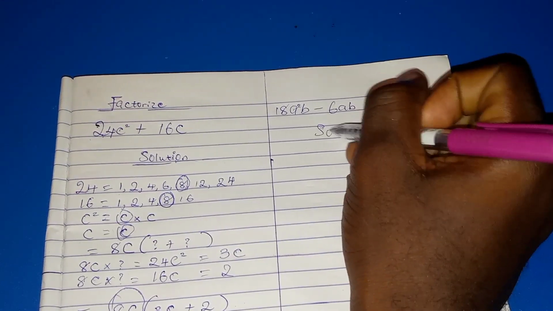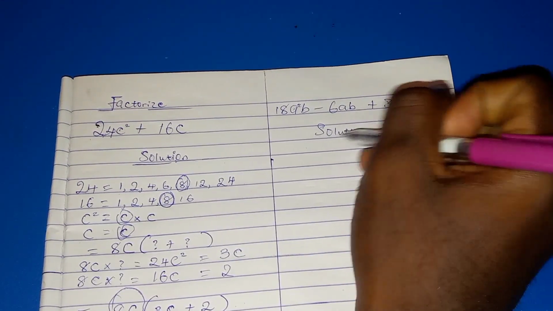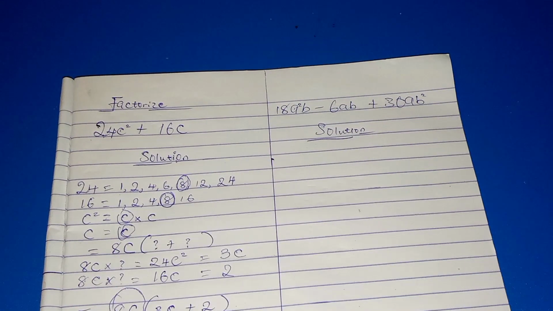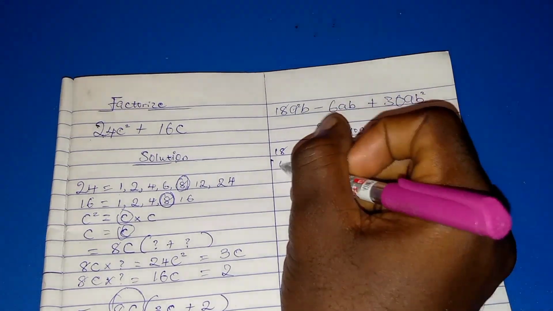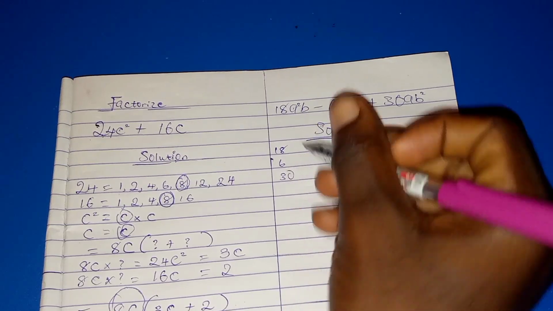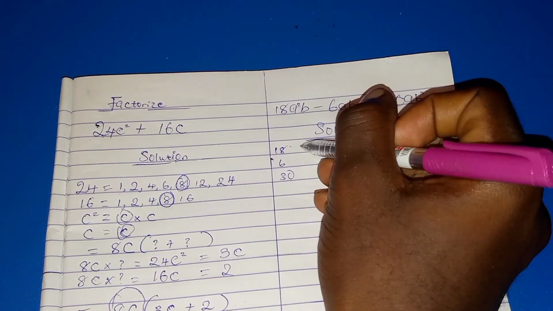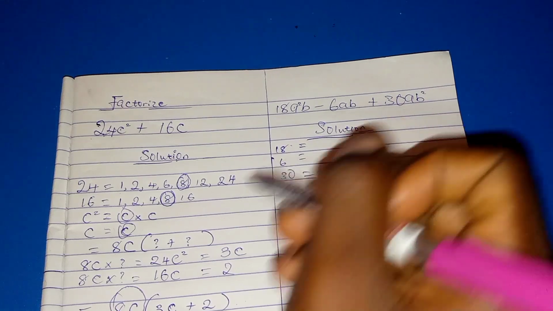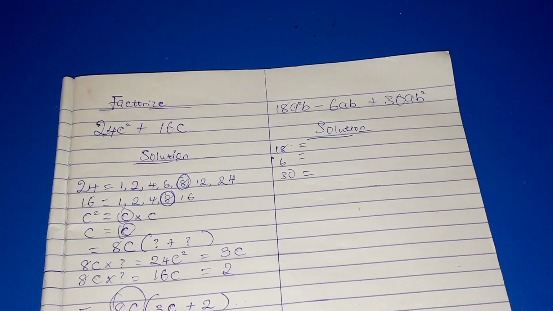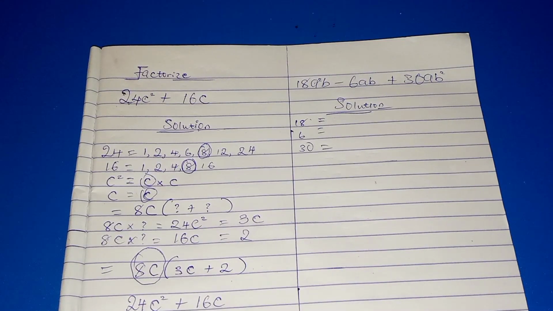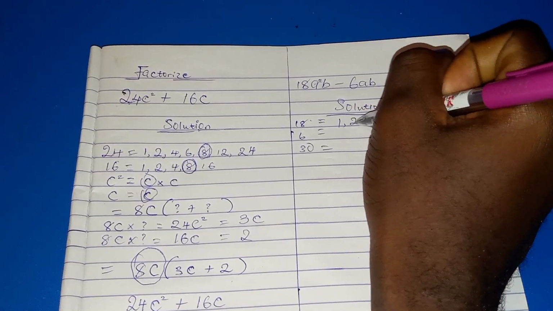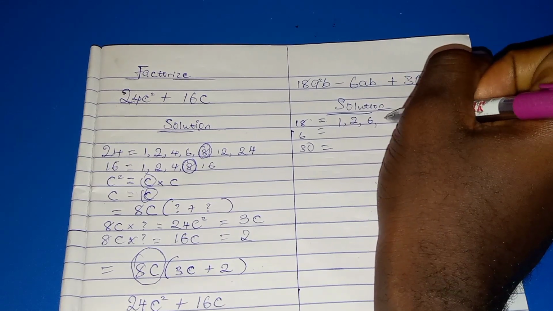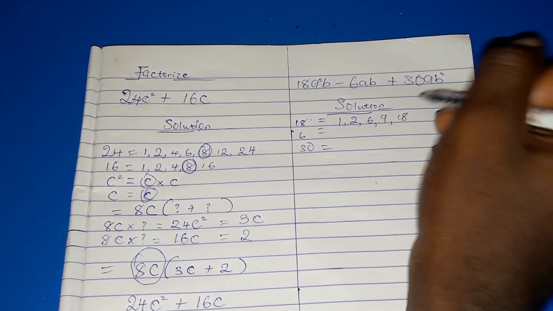Our solution to this expression is still the same method. We find the factors of 18, 6, and 30, and then pick out the highest common factor of them. The factors of 18, as we earlier mentioned, are 1, 2, 3, 6, 9, and 18.